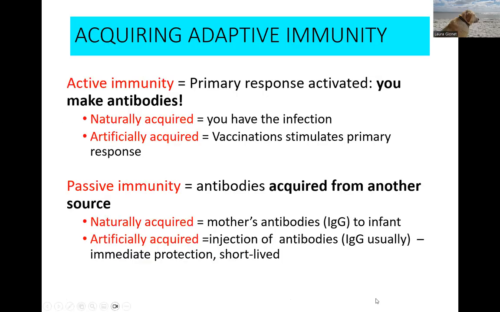Okay, acquired adaptive immunity. When it comes to immunity, we have 2 different categories, and within each, 2 more. Active immunity versus passive immunity. Active immunity means my body is making antibodies.